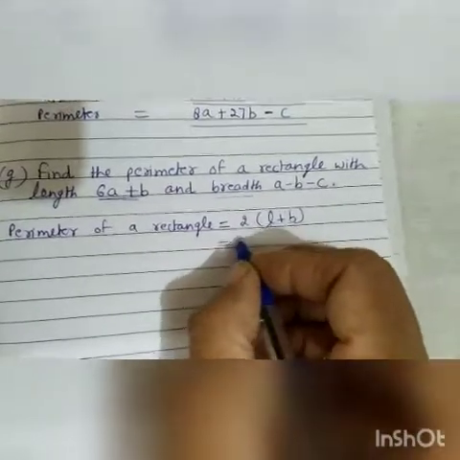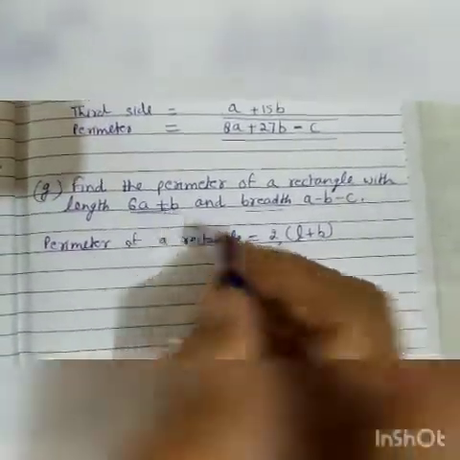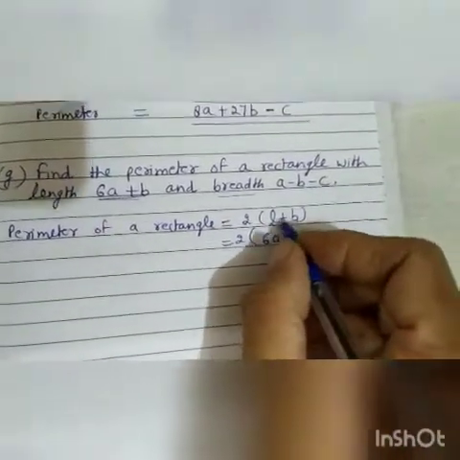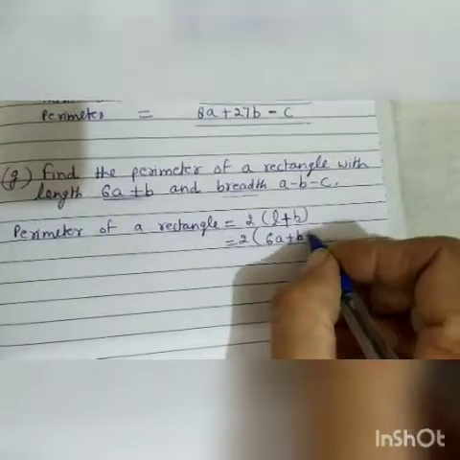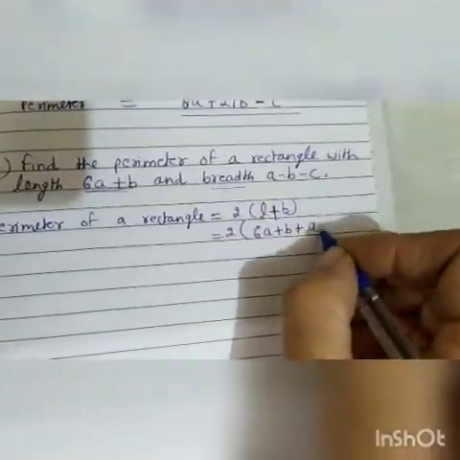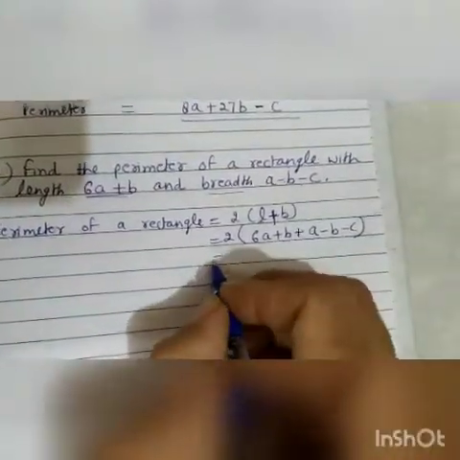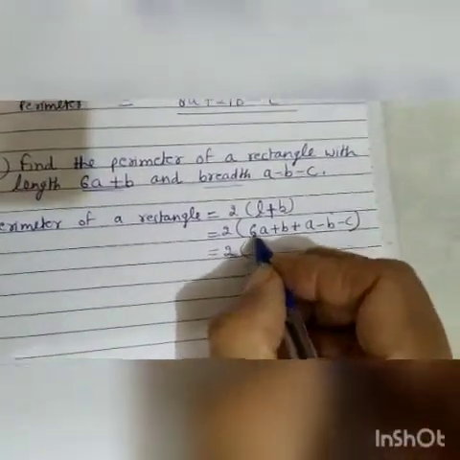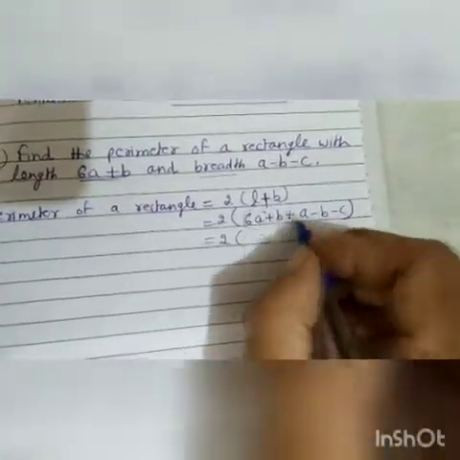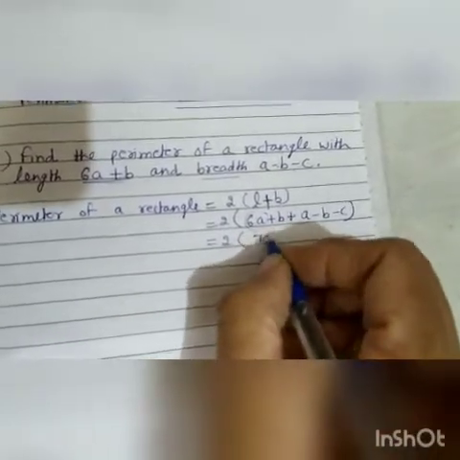Now this is the 2. Put the value of L. L is length, 6a plus b. Right, here 6a plus b. Now plus here the breadth. Breadth is a minus b minus c. Solve it. This 6a and this plus a. First we will simplify it. 6a plus 1a will be 7a.